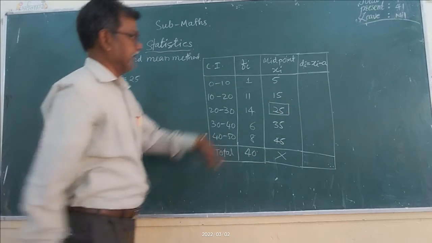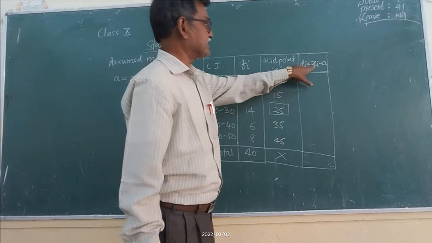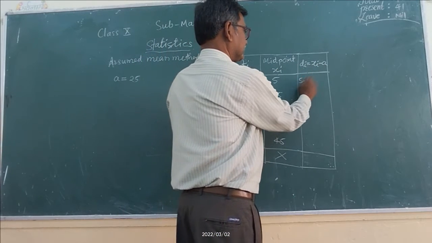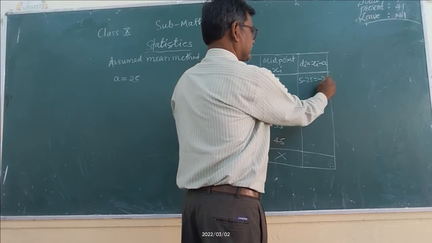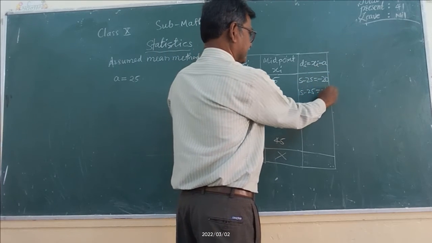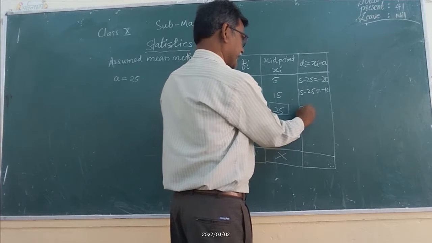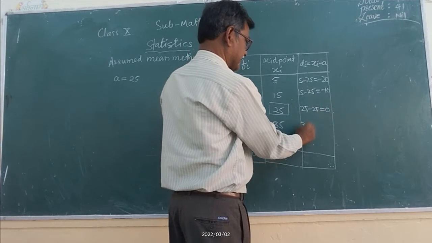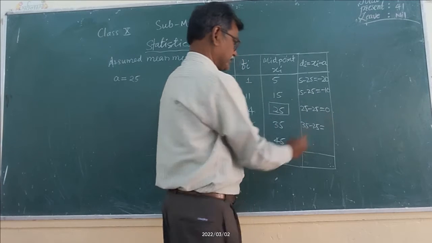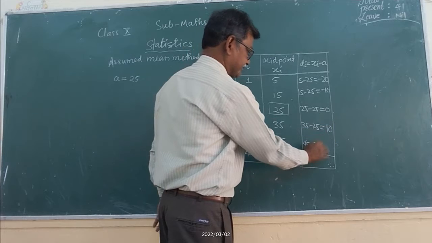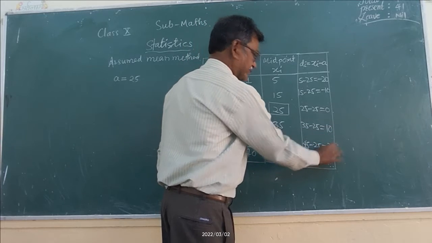Then use this. xi minus a means 5 minus 25, that is minus 20. Then 15 minus 25, minus 10. 25 minus 25, 0. Then 35 minus 25, that is 10. Then 45 minus 25, 20.